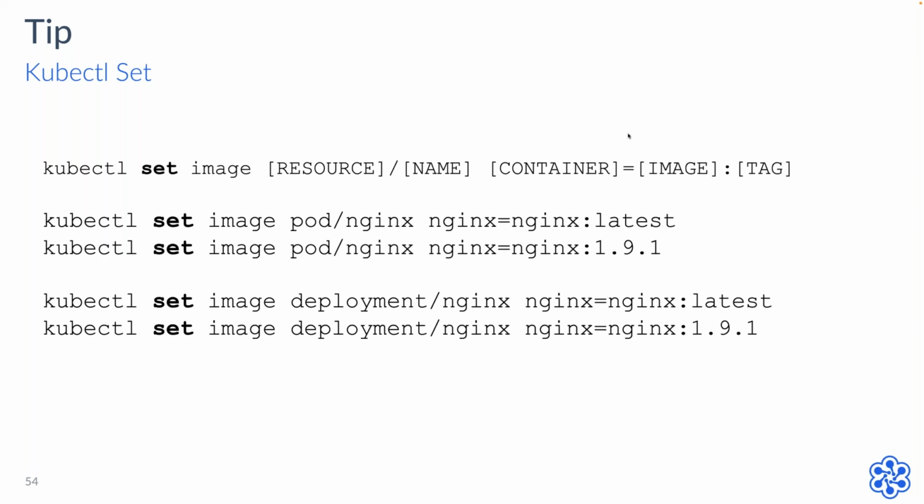And then in the bottom example, we're updating the nginx container within a deployment, again using the same container image tag. So kubectl set is a great way to accomplish that type of task and to do it quickly.